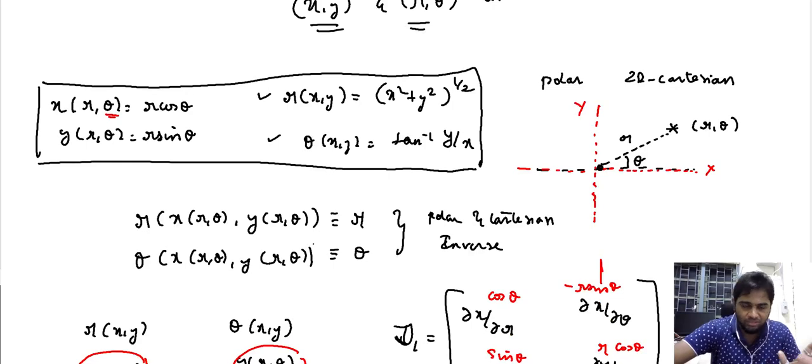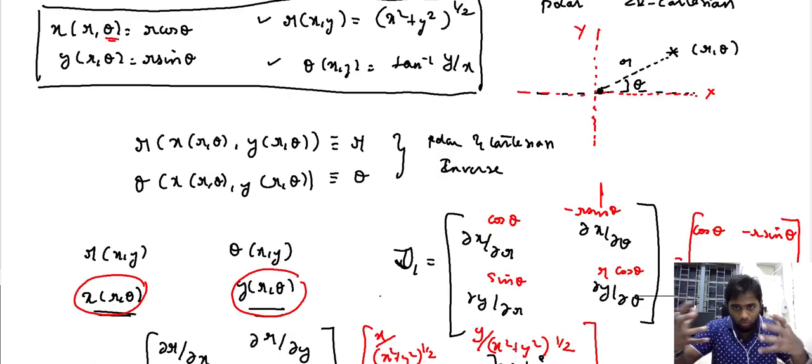Now once we were able to do this, and this is something that we covered in the previous lecture, we considered the partial derivatives of the coordinate system and expressed them as a Jacobian.